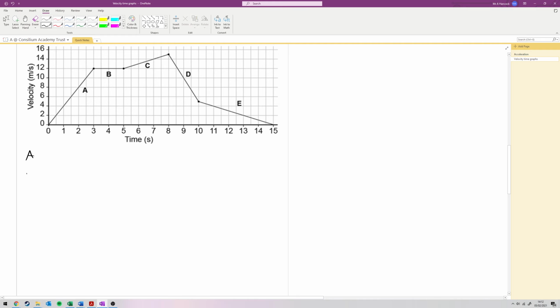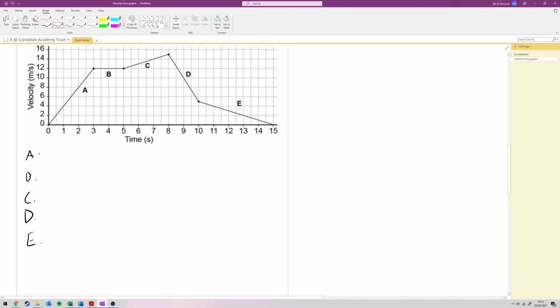A, B, C, D, E. What I want you to do is tell me what is happening at each section, like the previous question where we talked about it being at a constant velocity, or it was accelerating, or it was decelerating. I would like you to go through each one and tell me what is happening at each section. So pause the video, have a little go, or have a little think, I don't mind. Okay.